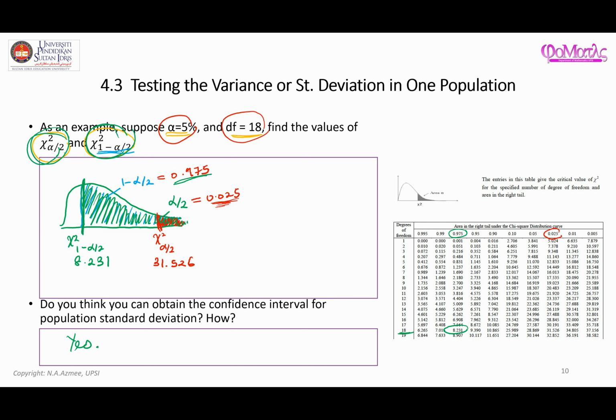Okay, so if you want to find the confidence interval for the population standard deviation, it is going to be the square root of the result, which is n minus 1 s squared over chi-squared alpha over 2, and n minus 1 s squared over chi-squared 1 minus alpha over 2.